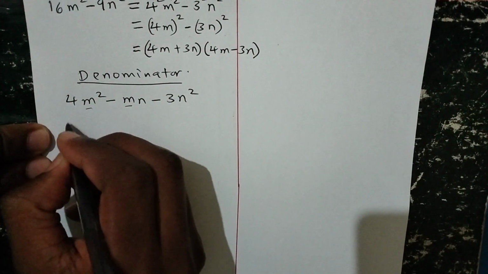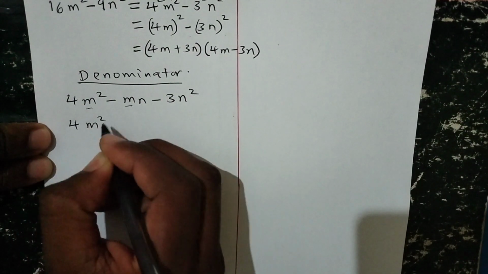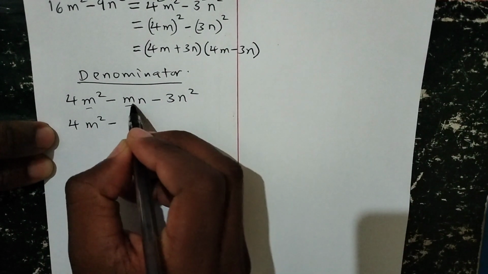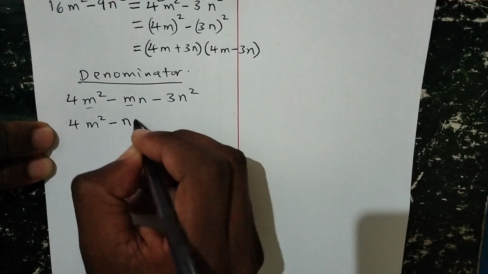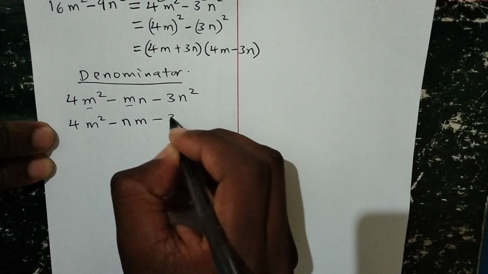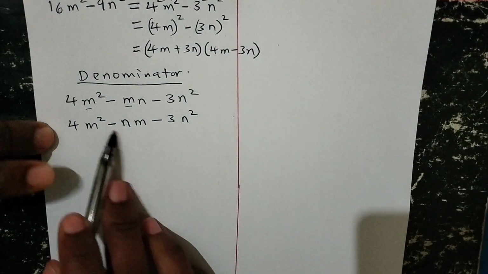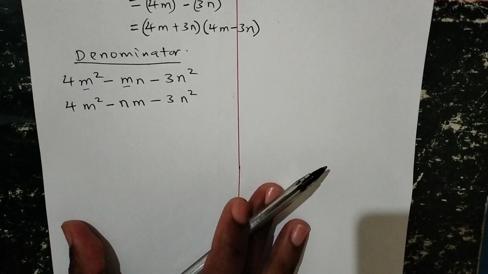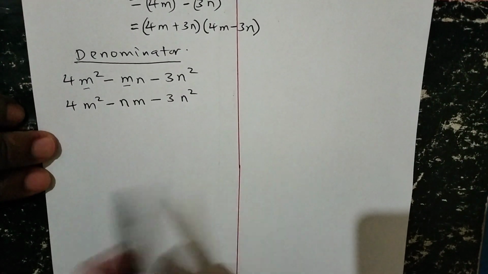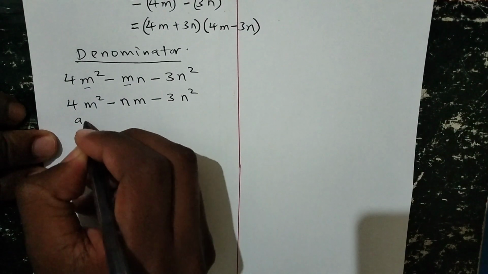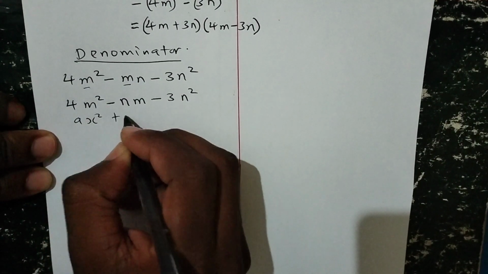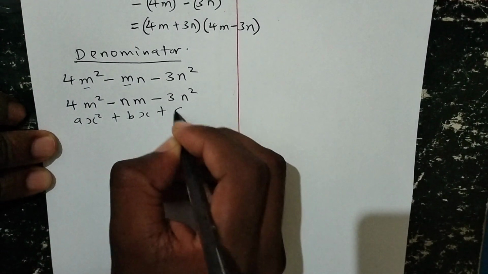So this can be rewritten as 4m squared minus nm minus 3n squared. I'm doing this so that I achieve the format of a quadratic, which is usually ax squared plus bx plus c.